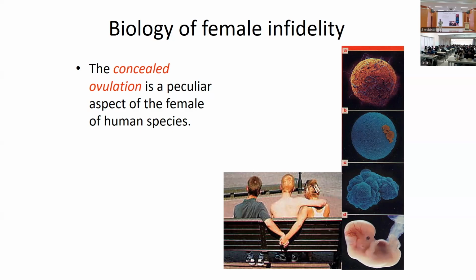All the animals on this planet, all the females, they do have pheromones, they may dance, they may produce smells, they may change the color of the vagina, they may have plenty of signals which are telling the male that she is able to have sex because she is producing the egg.